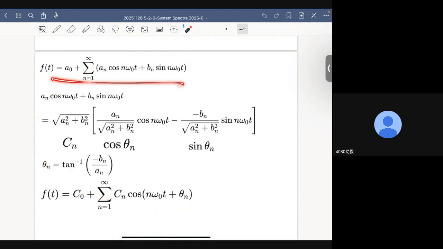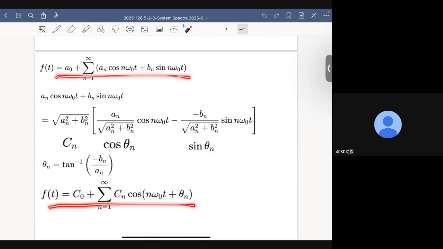In this page, hopefully, we will also briefly review the connections between trigonometric Fourier series and compact Fourier series. Remember that we told you that Cn represents the amplitude spectrum of F(t). Similarly, theta n is the phase spectrum of F(t).